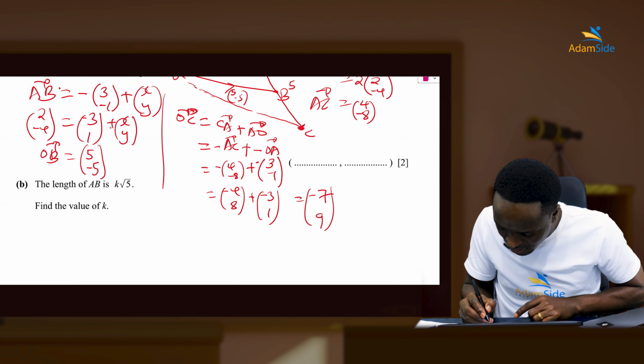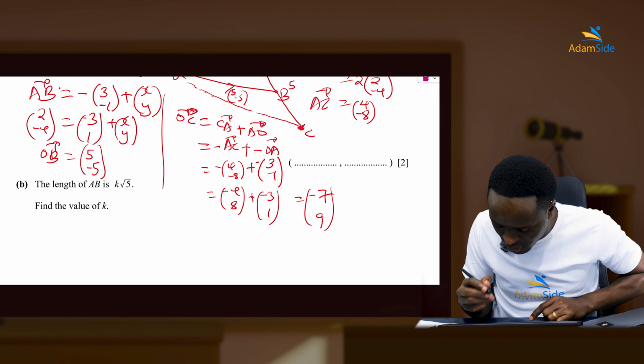That's how you add x to x, y to y, addition of column vectors. So you get point -7, 9.